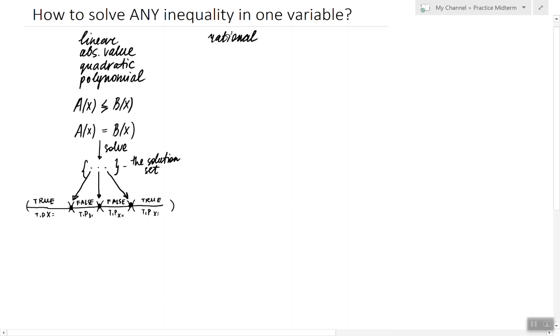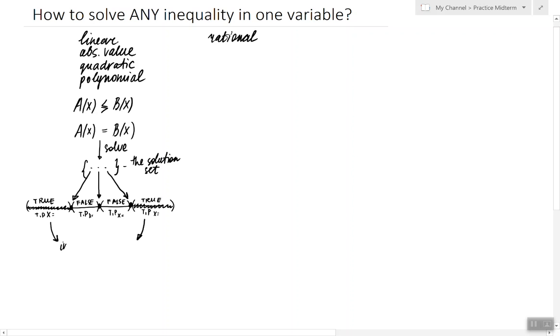So at this point, all I have to do is just describe these intervals using the interval notation and put them together in the answer. Now, what about the boundary points?